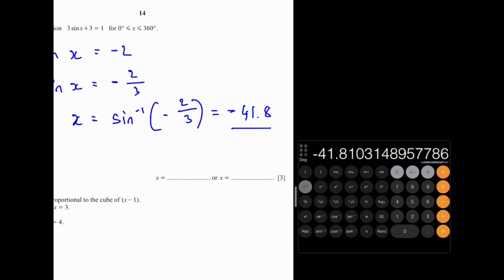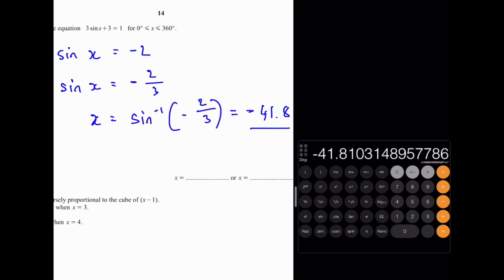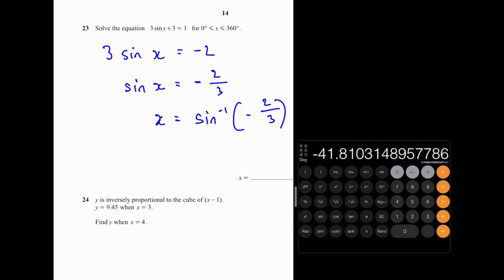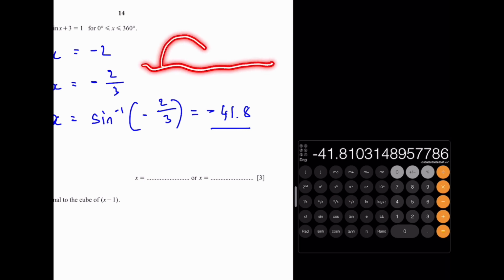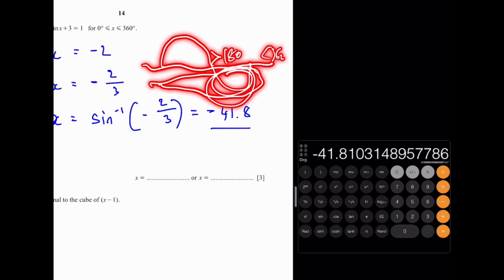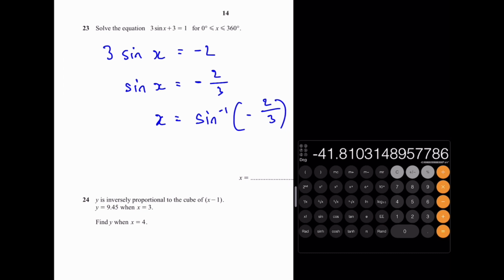Well, that's not yet the answer. First thing we can see is that we need two x values over here. Because this value is negative, you can picture the curve of a sine wave, something like this. The negative values are over here, so it can only be greater than 180 and less than 360. That means we need to add 41.8 to 180 and subtract from 360 to get the two values.